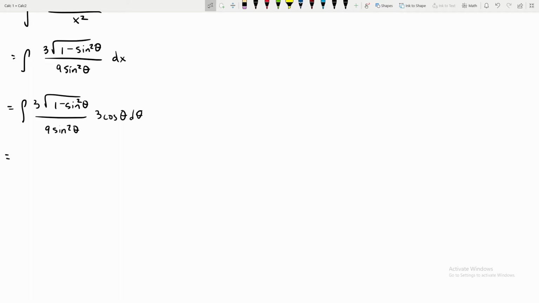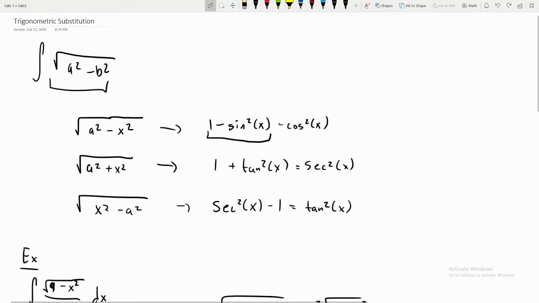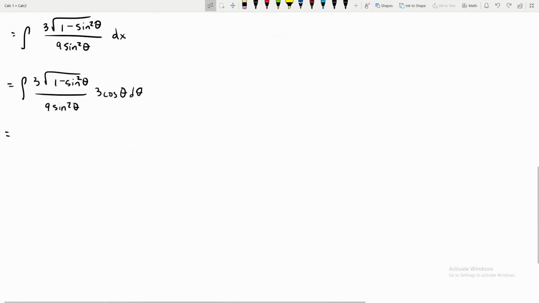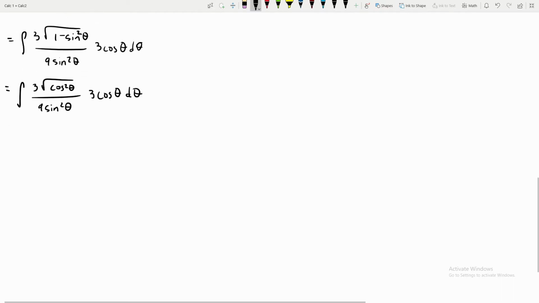Now the next thing to do is to notice that we have substituted this 1 minus sine squared theta for a reason. And if we go back, it was because we wanted to use this formula right here. We wanted to simplify it to be cos squared theta. So let's go ahead and do that. So there we go, and now an easy simplification that we can see is because we have reduced it down to one term, we can now take the square root of that term.